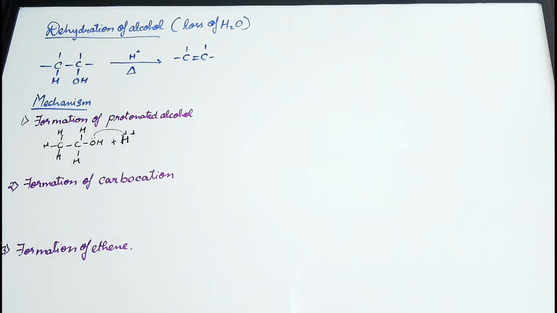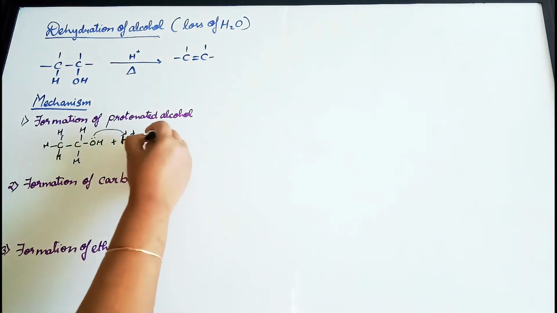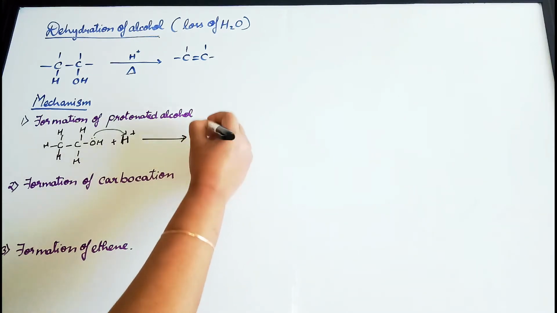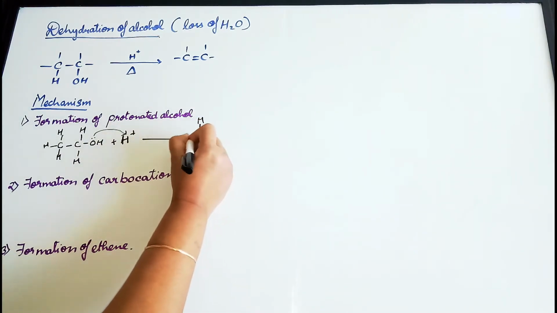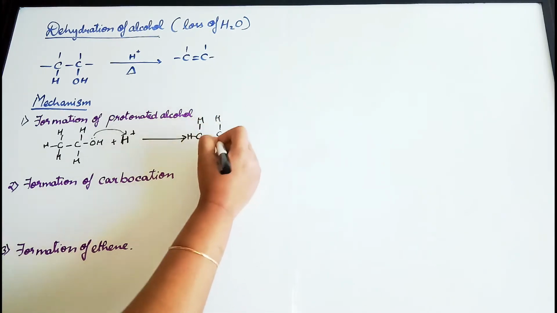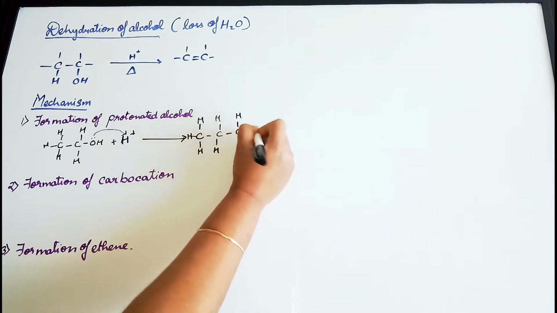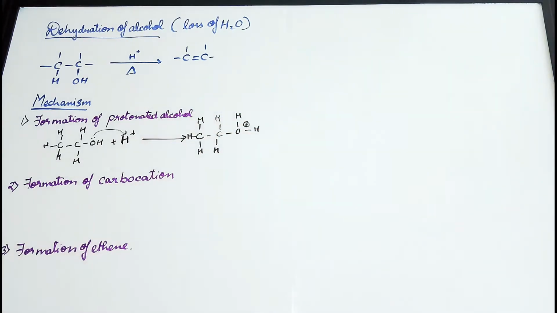And when it attacks the hydrogen atom, it itself is getting protonated, leading to the formation of a protonated alcohol. So here you have CH3, CH2, OH2 plus. So the oxygen atom is getting a positive charge.